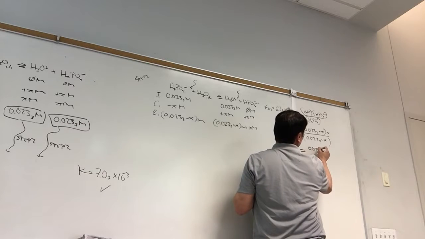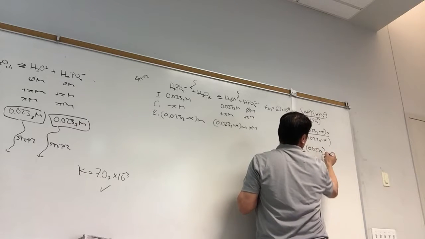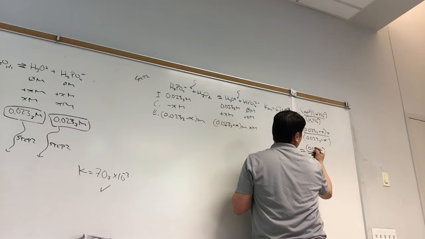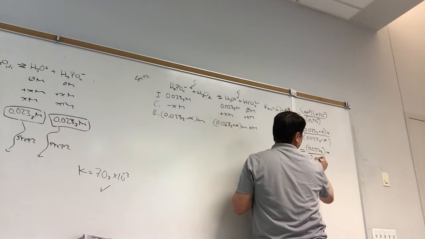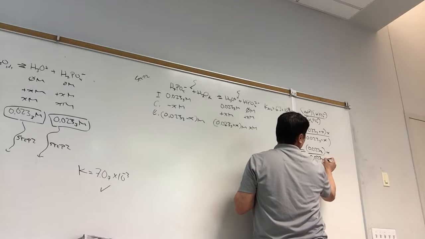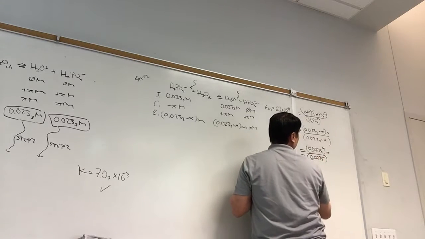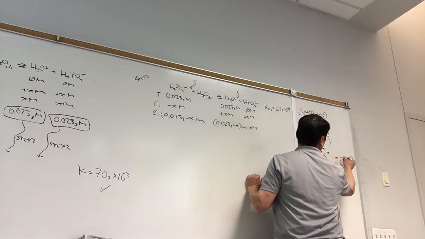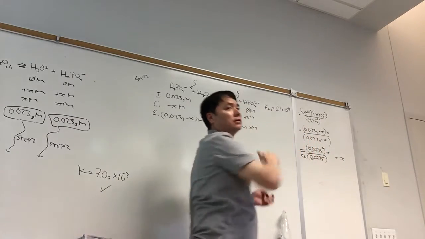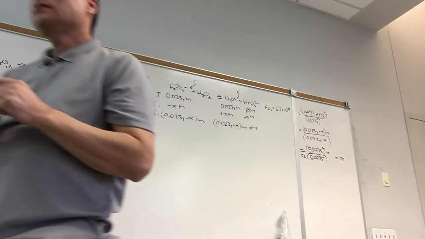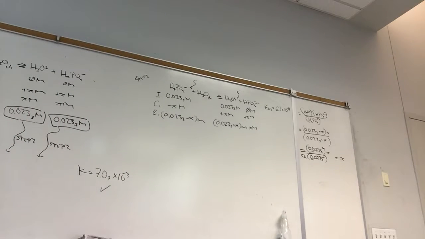We get 0.0233 plus X just gives us 0.0233, and then that's times X. 0.0233 minus X just gives us 0.0233. The 0.0233's cancel, and then we get that X is equal to K. This is something that Petrucci mentions.